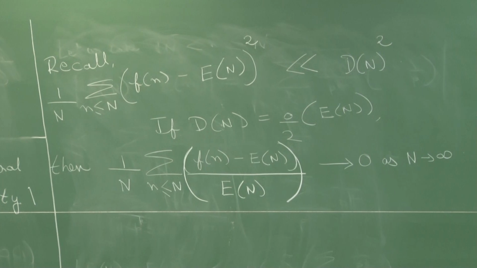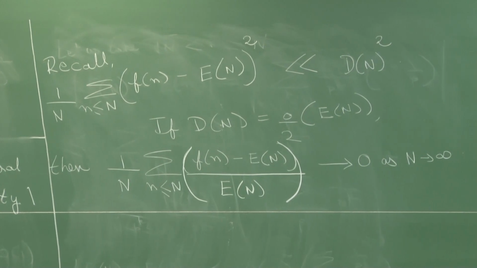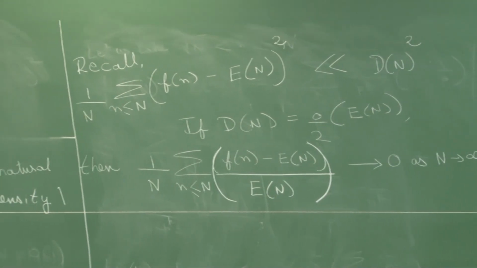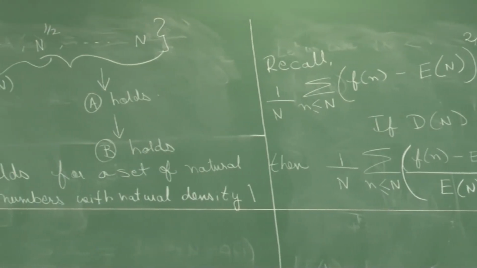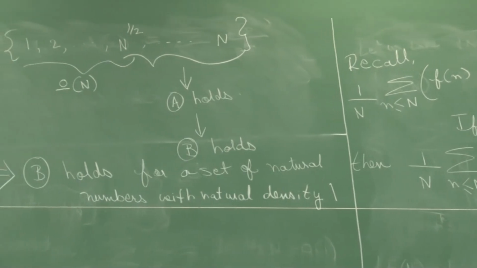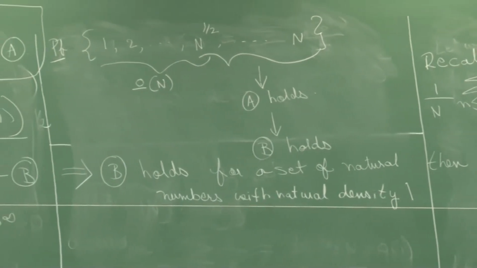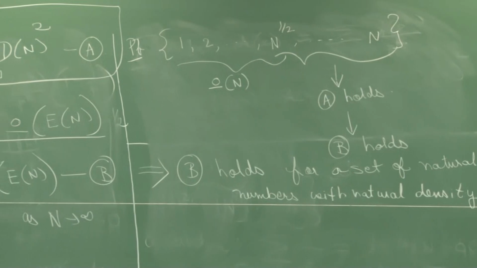Now, in the previous lemma that we just stated, you are telling me that almost everywhere E of little n is very, very close to capital E of n with a very small difference between the two.